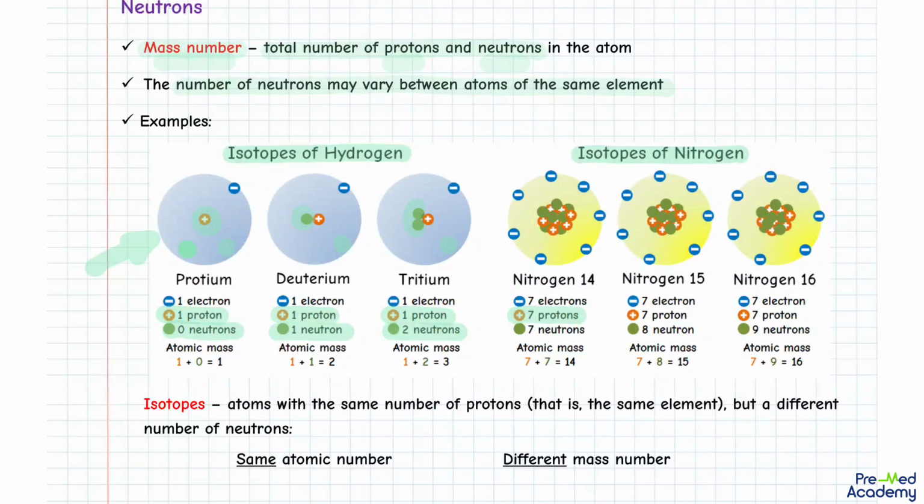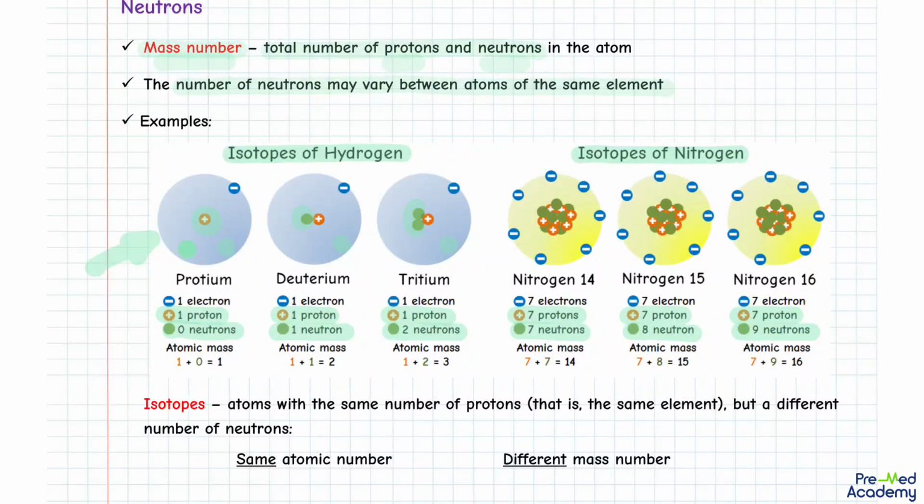And indeed, all 3 atoms in the example have 7 protons in the nucleus, so we know that these are indeed nitrogen atoms. But they are not the same. What differentiates them? The number of neutrons they have is not the same. In the left atom, we have 7 neutrons. In the central atom, we have 8 neutrons, and in the right atom, we have 9 neutrons.